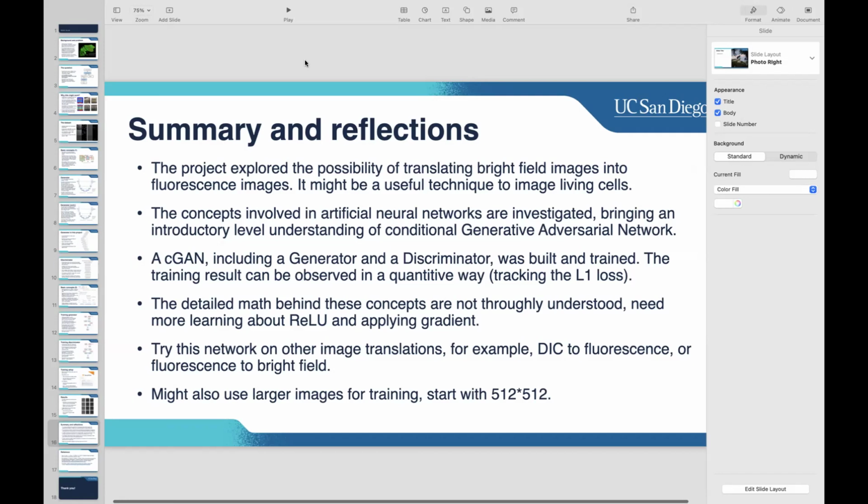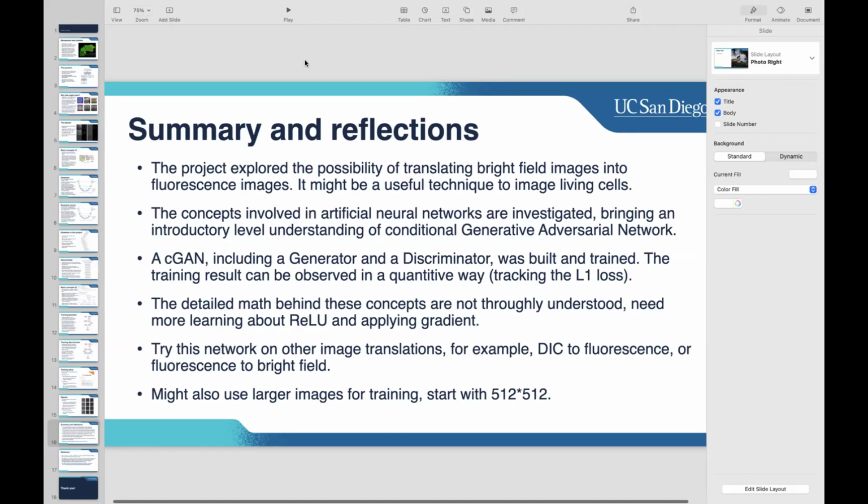So basically, we can track the L1 loss here. And the detailed math behind these concepts are not thoroughly understood, especially for the applying gradient part. Actually, it took me some time to even understand what a gradient is.